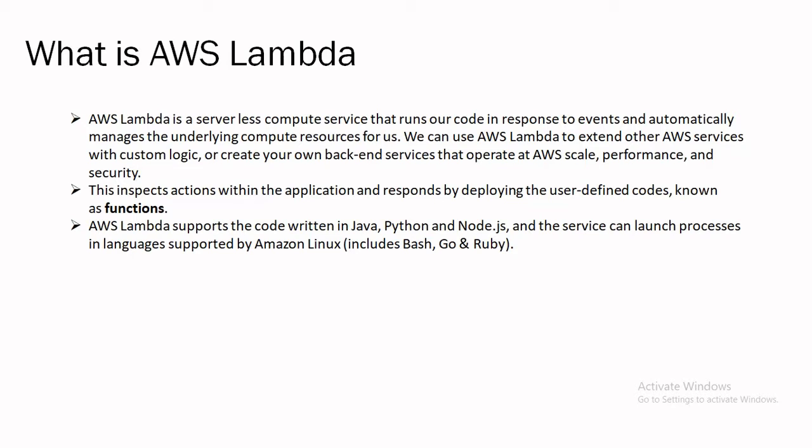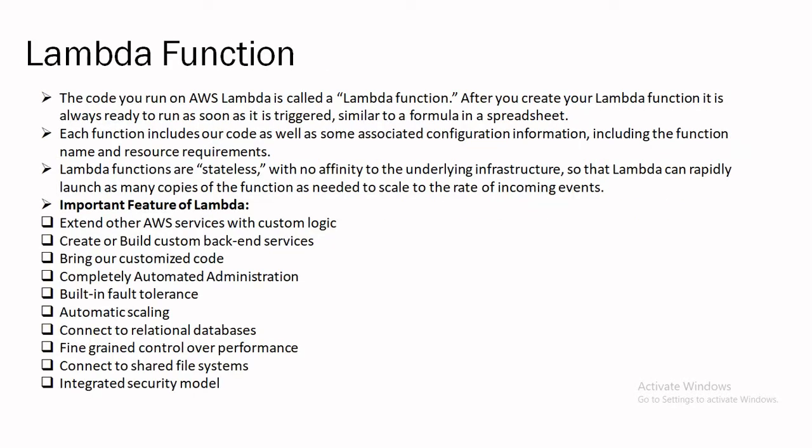So what is a Lambda function? The code we run on AWS Lambda is called a Lambda function. After we create a Lambda function, it is always ready to run as soon as it is triggered, similar to a formula in a spreadsheet. Whatever we have coded will act as a command whenever we provide it as a Lambda function in our Amazon Web Services login credential.